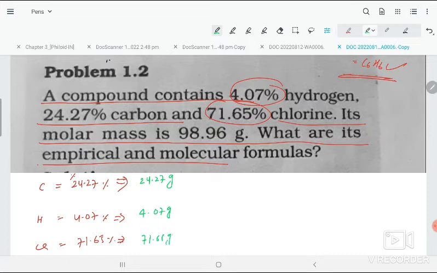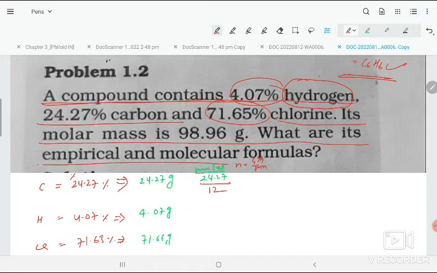Now moles. You know very well, moles is equal to given mass upon molar mass. So for carbon, 24.27 divided by the mass of carbon, which is 12. Here they are saying a compound contains hydrogen.